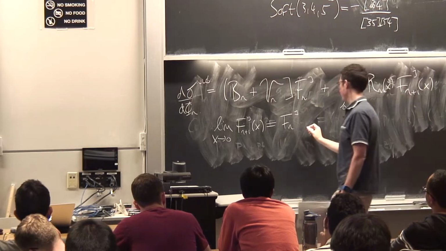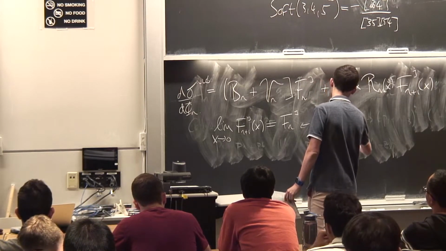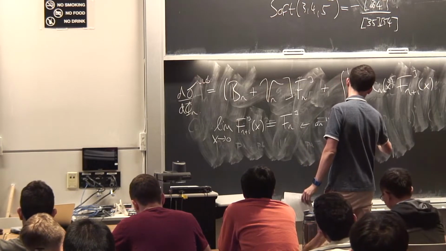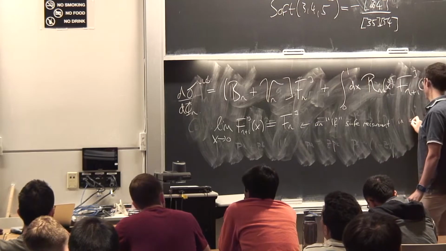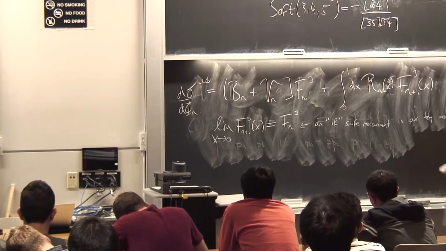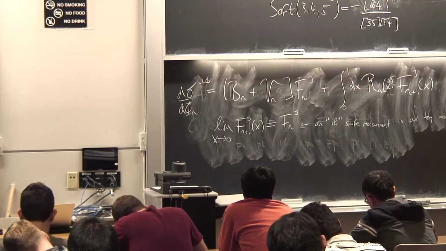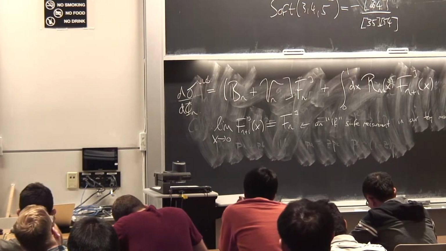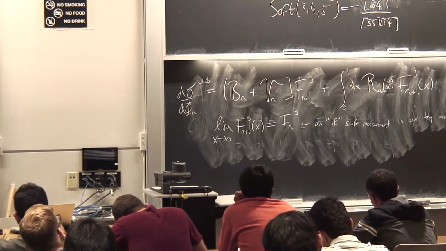This defines an infrared safe measurement in our toy model. So whatever my measurement function is, it better satisfy this property. And when we do real QCD, this will basically be the infrared safety arguments of jet clustering algorithms.